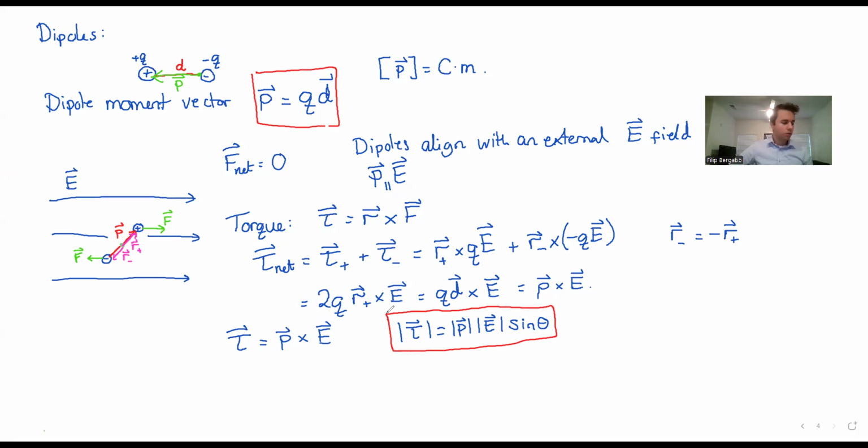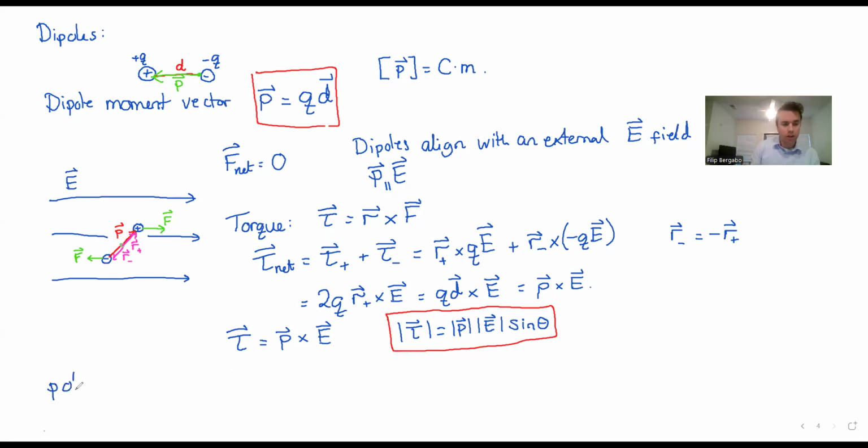Okay, one last thing I want to point out is that we haven't talked about energy yet, but we'll do so very soon. There's one last thing I want to say here, which I'm not going to derive, at least not for now, but there is a potential energy for the orientation between a dipole and its external field.